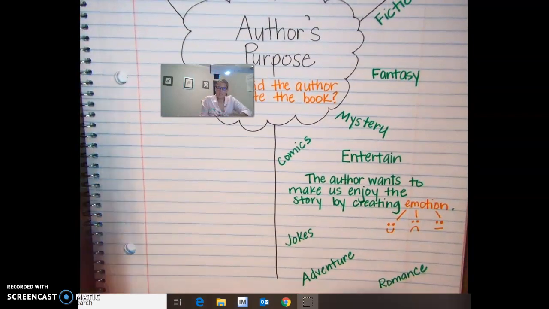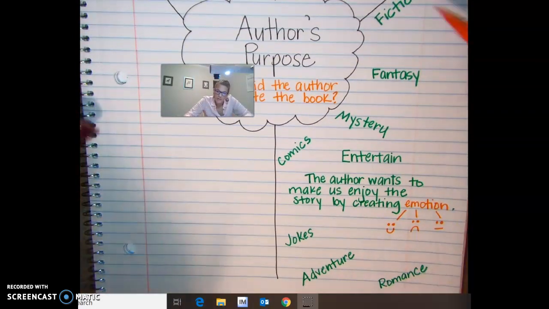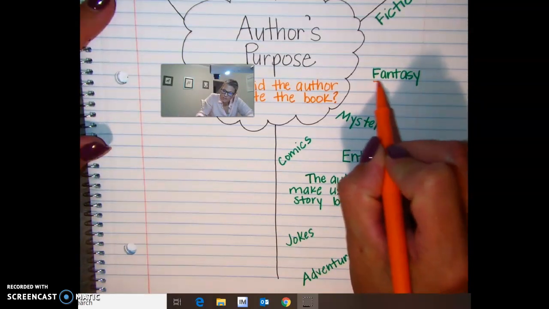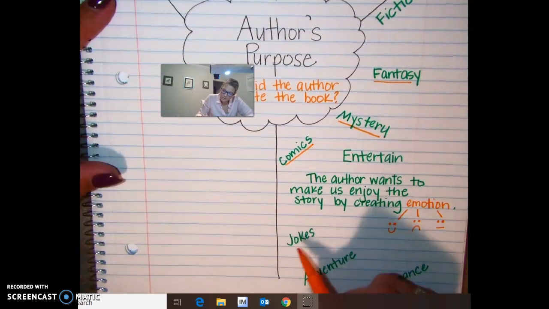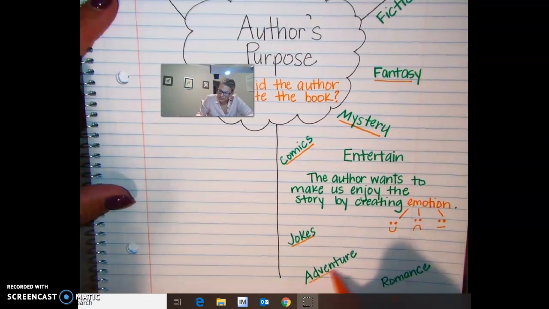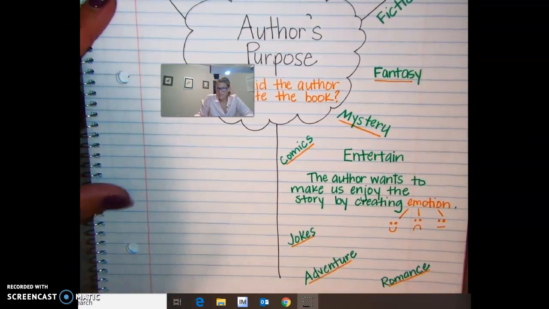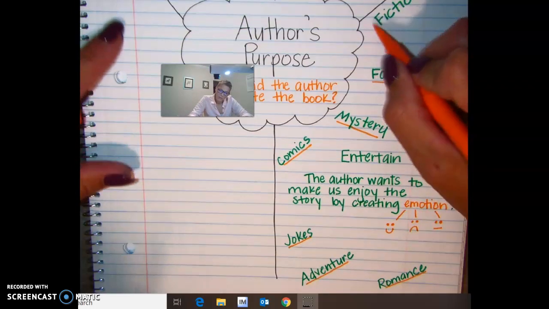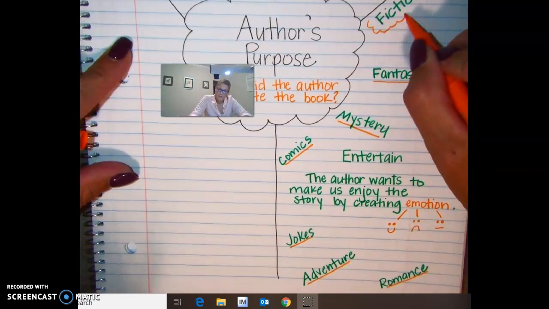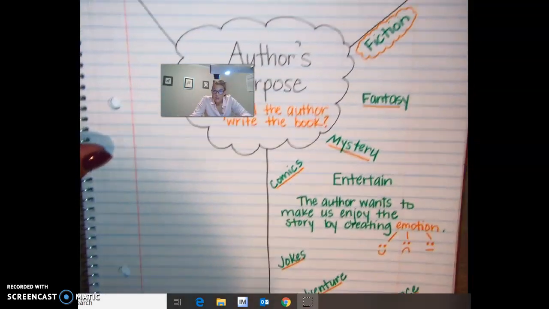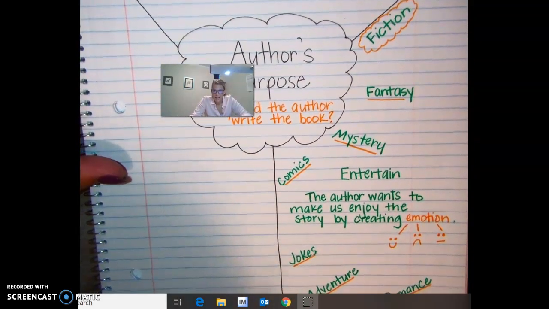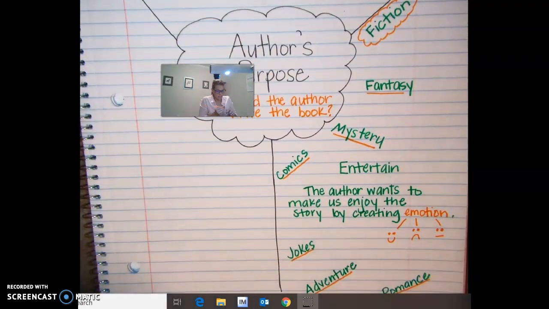So those are some of the different genres you could choose from if you want to be entertained. Fantasy, mystery, comics, jokes, adventure, romance. And those are all a part of the fiction genre, which means they're not actual events that have really happened in the world. Someone made them up.